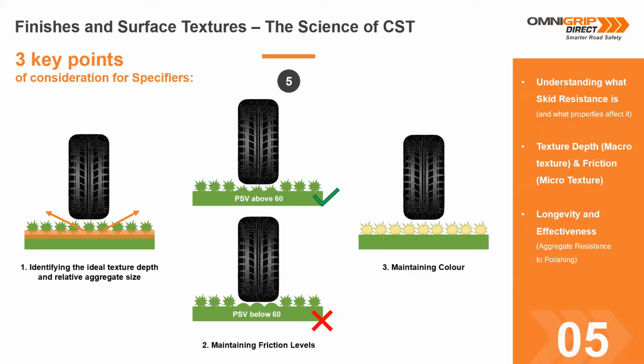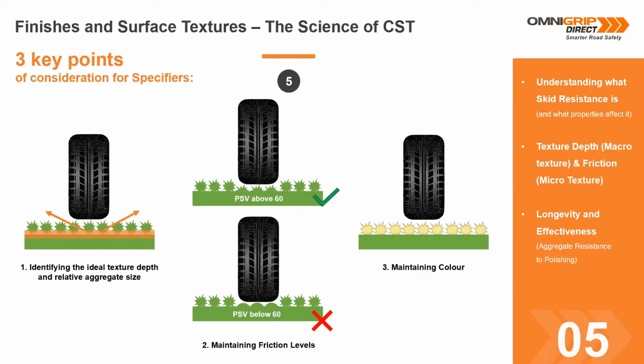So they're the three key points, and what you're going to see on the screen here are a couple of pictures that really outline each section really clearly. Picture one on the far left is about identifying the ideal texture depth and the relative aggregate size. The larger aggregate will provide a longer whole of life texture depth.